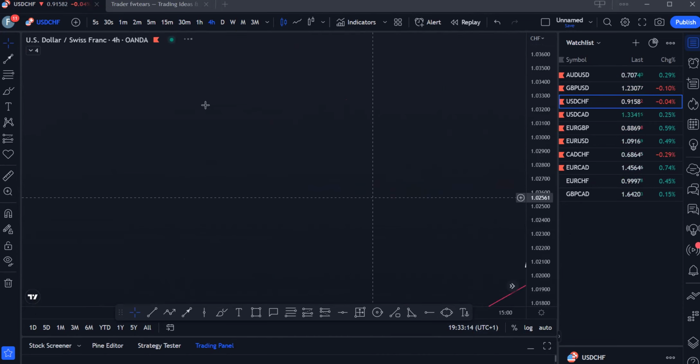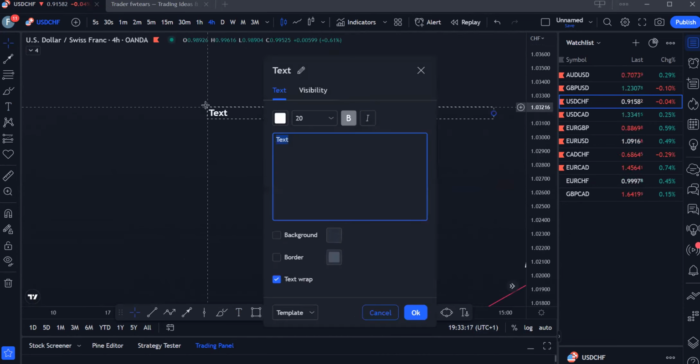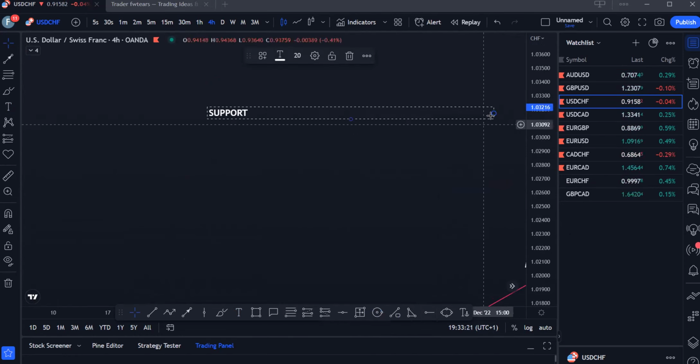Very, very quickly, support. Okay, so a support, remember, the market is binary. The market, remember, we talked about the bullish candle and the bearish candle. That's the only 2 types of moves that the market makes. Either price is going up or price is going down. All right.